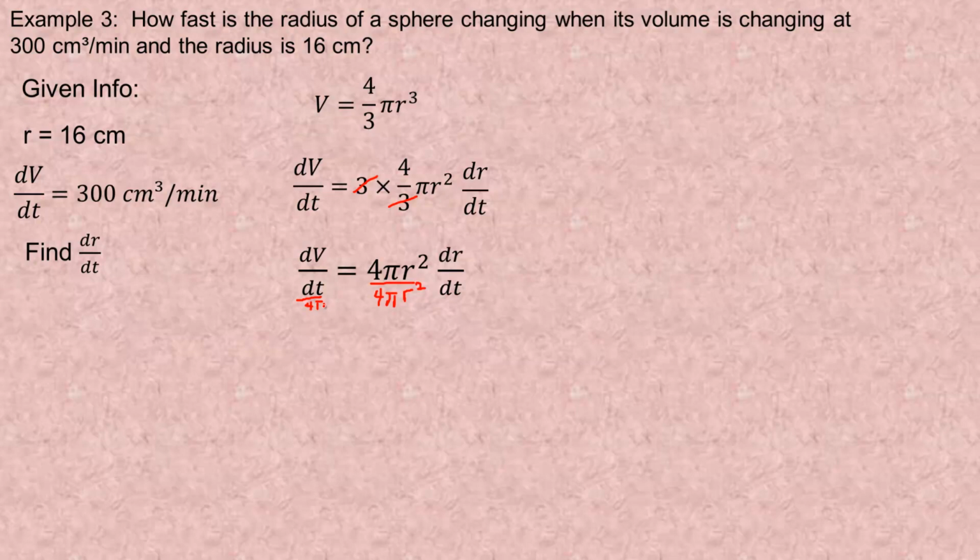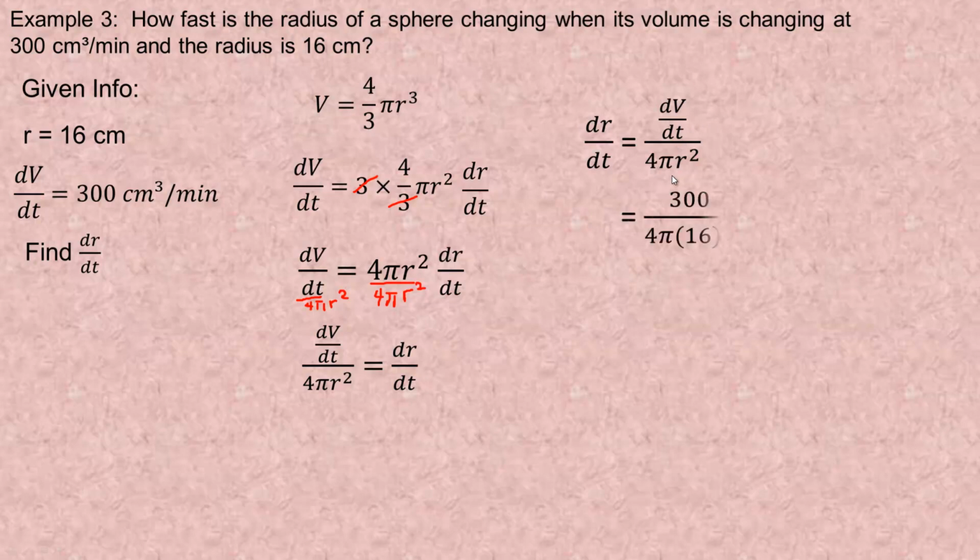I'm writing it really tiny so it doesn't interfere with my next step here. So that's what we would do. So they would divide out. So dV/dt over the 4 pi r squared is equal to dr/dt. I'm just going to rewrite it up here with the dr/dt on the left and the dV/dt over 4 pi r squared on the right.